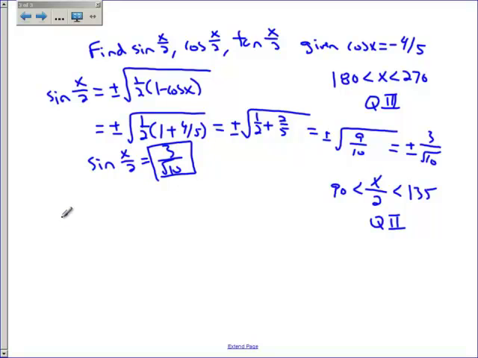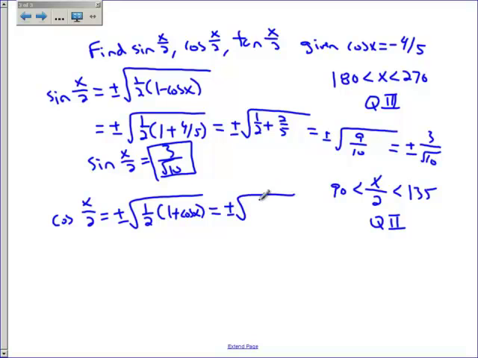All right. Cosine of x over 2 is going to equal, from your formula chart, plus or minus the square root of 1/2 of 1 plus cosine x. So that's going to equal plus or minus the square root of 1/2 times 1 plus a -4/5 is 1 minus 4/5, which is plus or minus the square root of 1/2 times 5/5 minus 4/5 is 1/5, which is plus or minus the square root of 1/10, or 1 over the square root of 10.